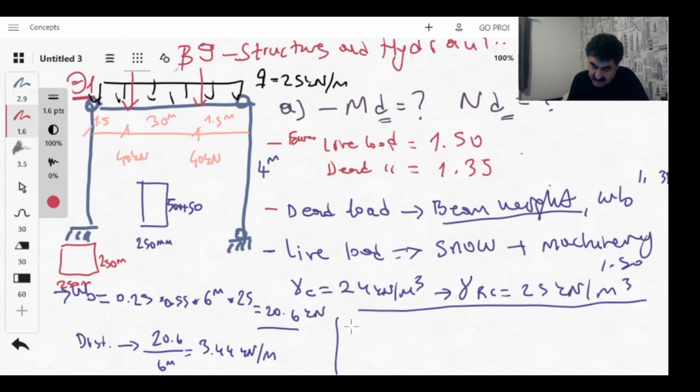So I can directly write here column self weight.